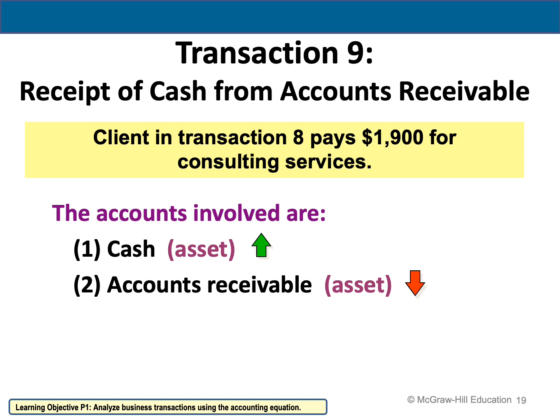Because I received the money already from the customer. Before, in transaction 8, I did not receive the money, that's why accounts receivable was increasing. But now the customer came to me and paid me the money in cash. That's why my cash is increasing and my accounts receivable is decreasing, because I already received the money from the customer.